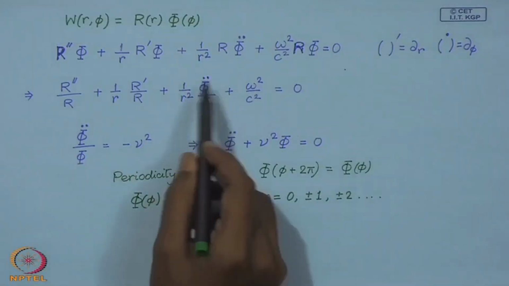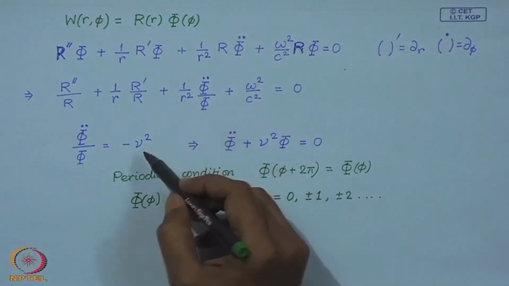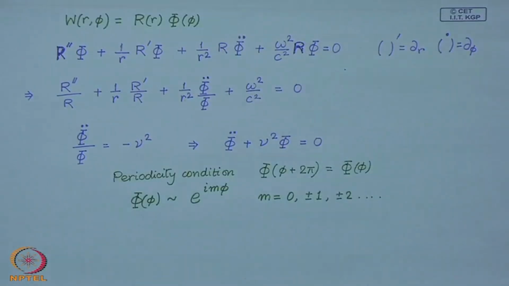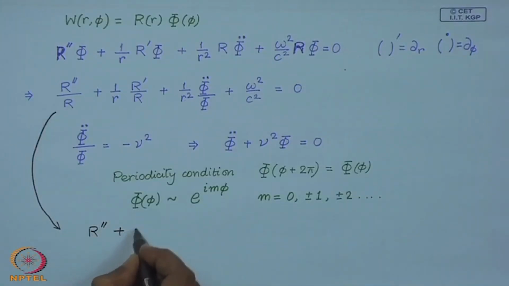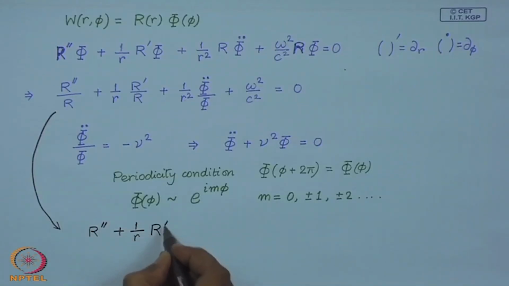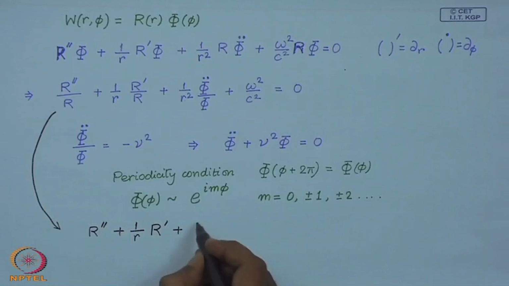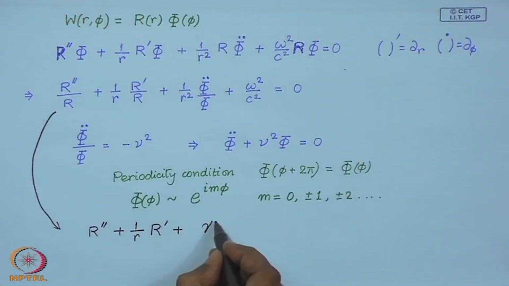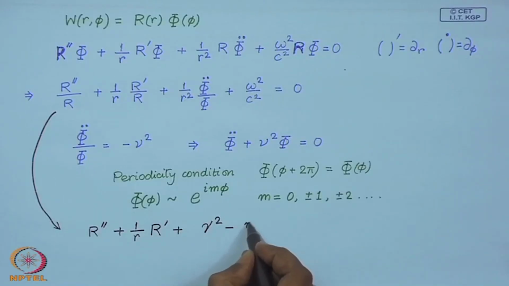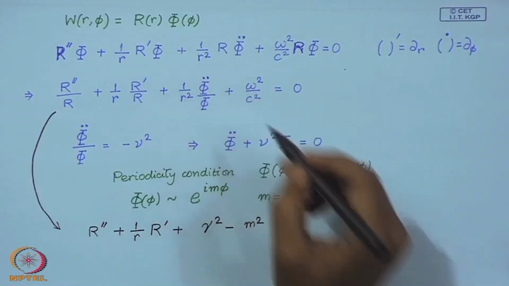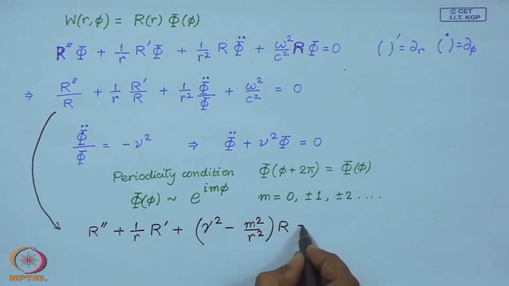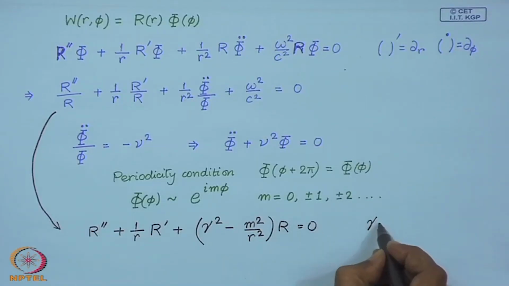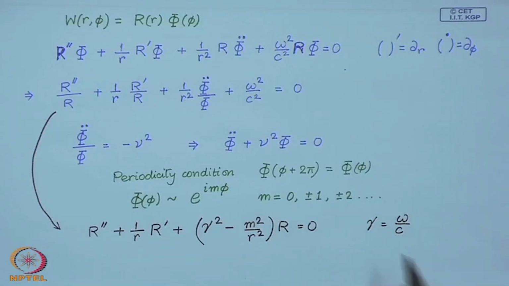Now, if you have this as minus m square, this equation can be written as, let me define this as gamma square, and this is minus m square, so that must be 0, where gamma is omega over c.